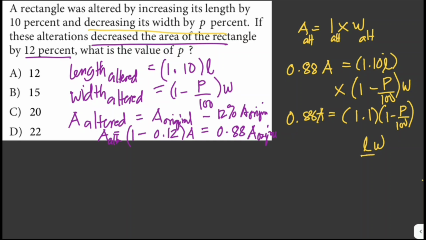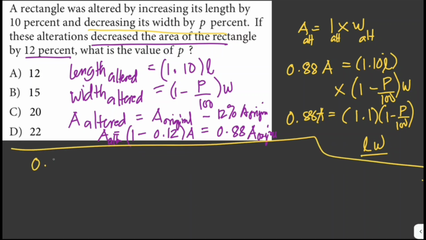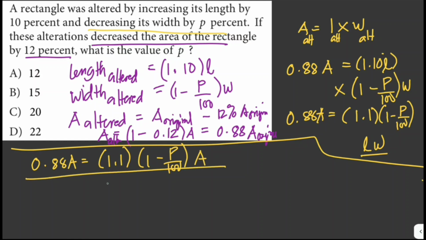And then LW here is just equal to A. So we can write this one as 0.88 A equals 1.1 times 1 minus P over 100 times A. And then we divide both sides by A. A cancels out. So we're left with 0.88 equals 1.1 times 1 minus P over 100.